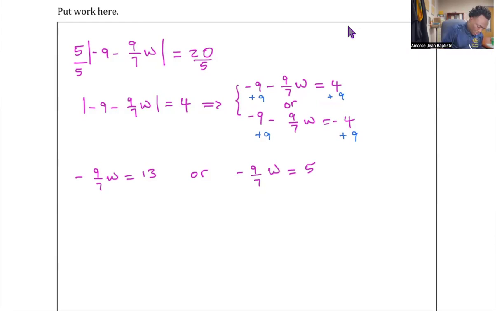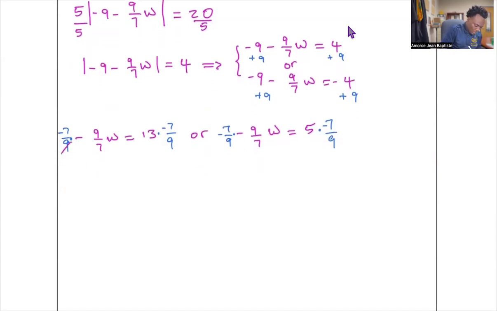So we multiply both sides by -7/9. We do the same thing here too, and we multiply this by -7/9.